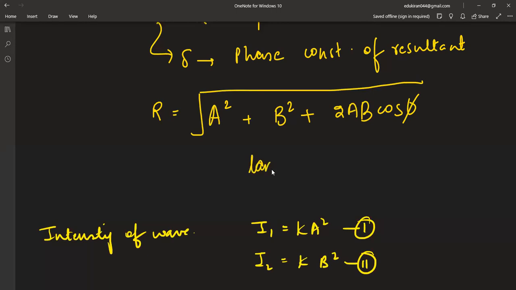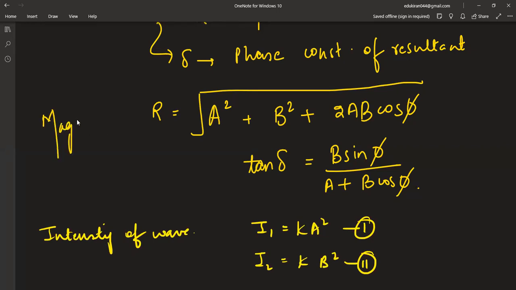And when we are calculating tan δ, it's just like the parallelogram law: b sin φ divided by a plus b cos φ. This is how you will get the resultant amplitude equation, the magnitude of it, as well as the direction, because it's a vector quantity. So this part will be giving you the magnitude.